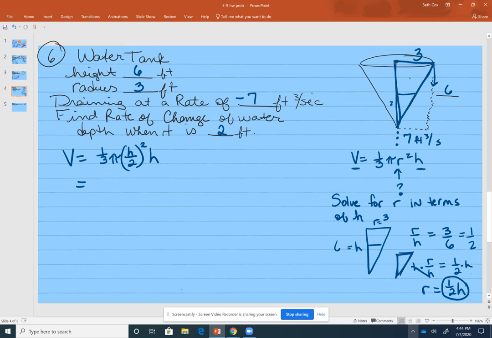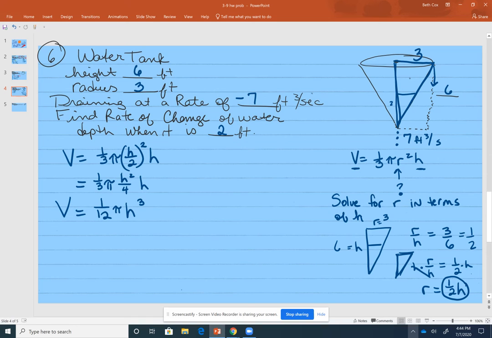And so now when I do this, I'm not taking the derivative yet. I have H over 2, and we'll go ahead and write it squared. Multiply this, and I have 1 over 12 pi h to the third. Okay.